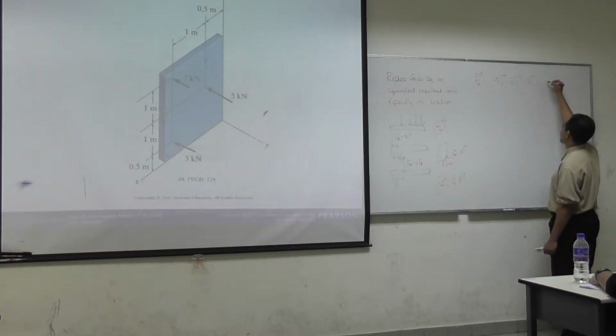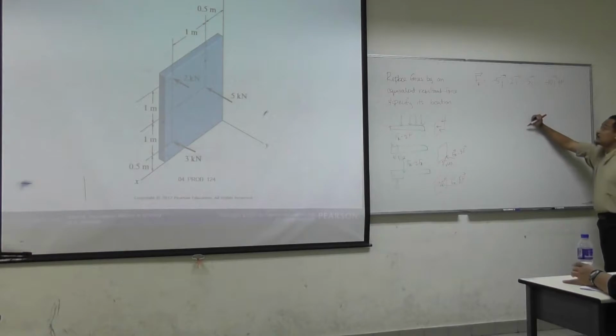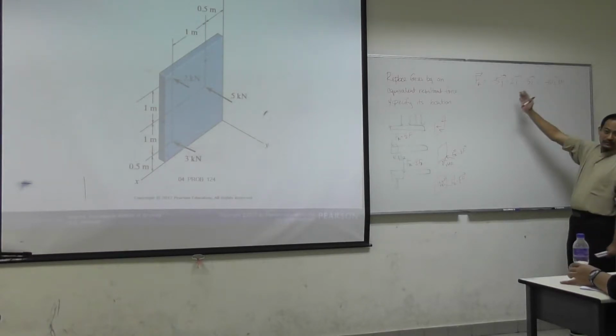So basically you get minus 10j kilonewton, right? Of course, in this question everything only has a y component, so it's straightforward. If everything has x, y, z, then of course you have ijk, right? Everyone understands this part, right?